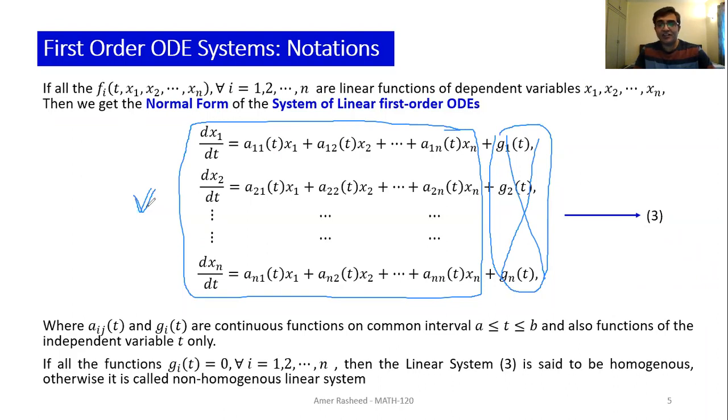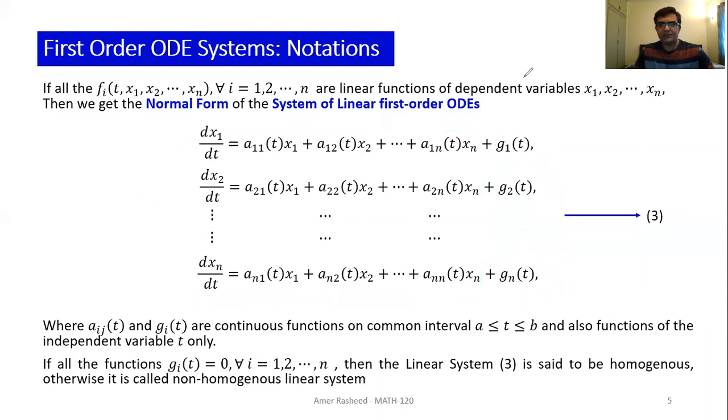It has some additional steps to follow in order to get the solution. We'll discuss in the next lecture how to solve these systems and what this function contributes towards the solution. I hope you got it. It's just a name, you can say.